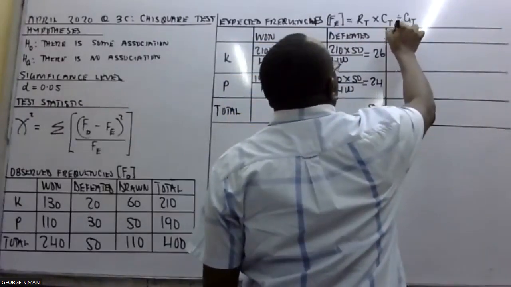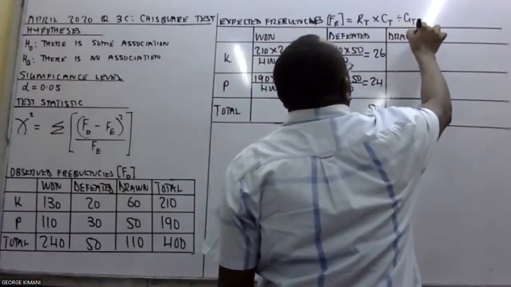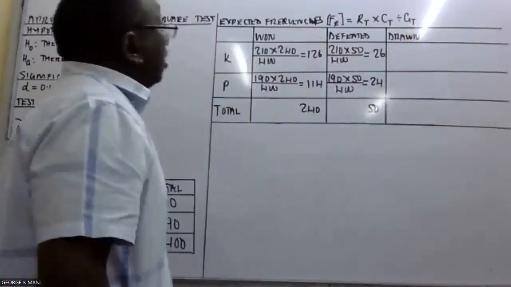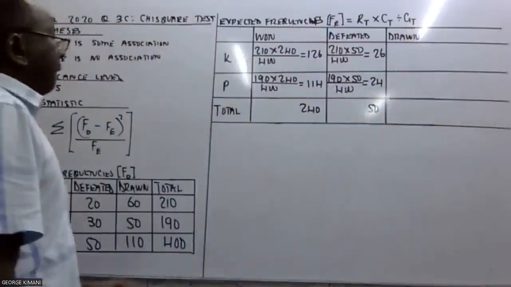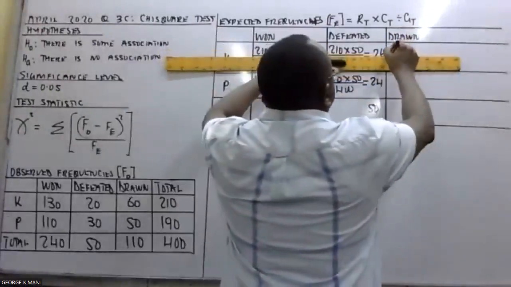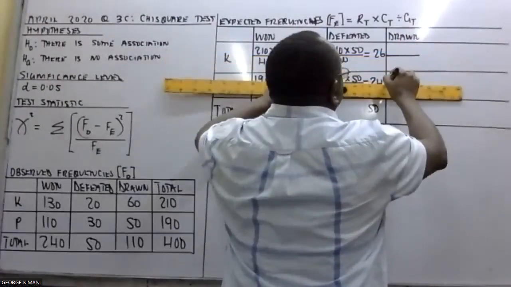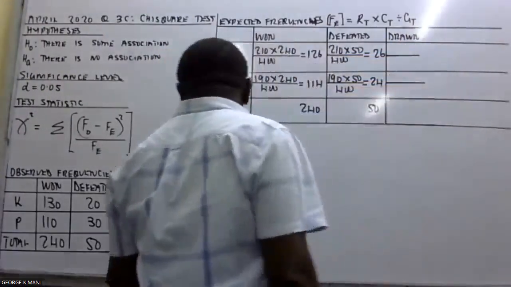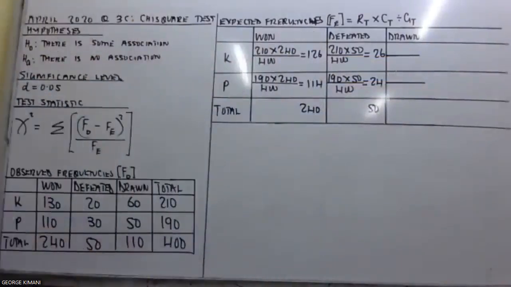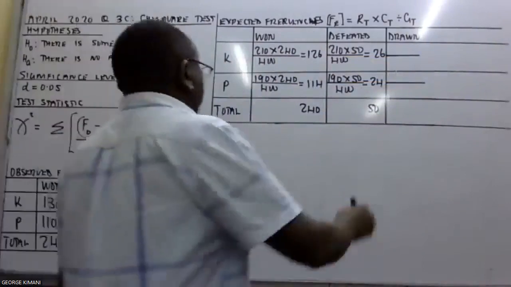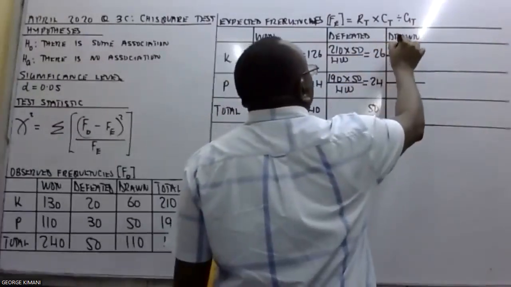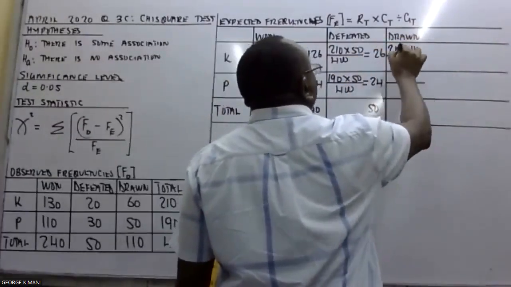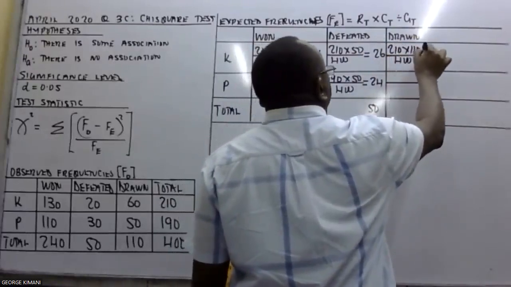Then those who drew, we get the row total is 210 and 110 divided by 400.